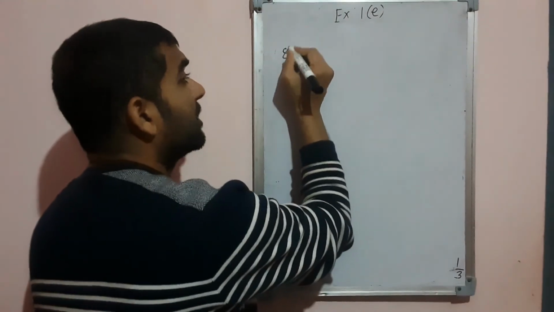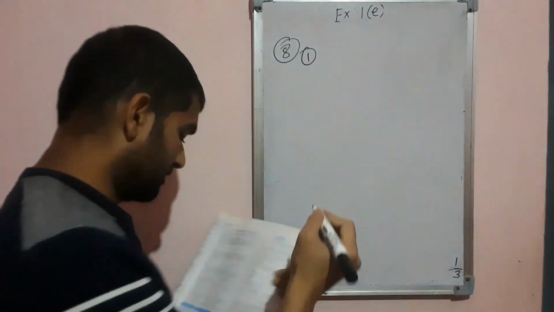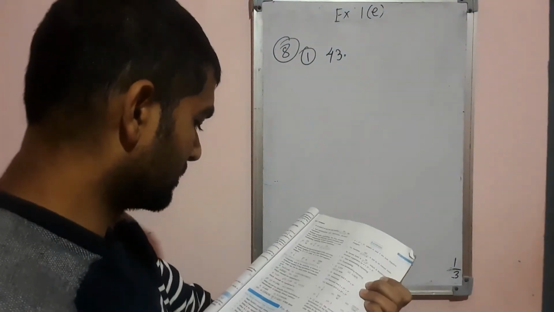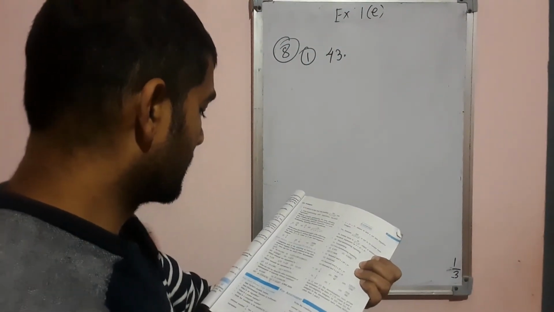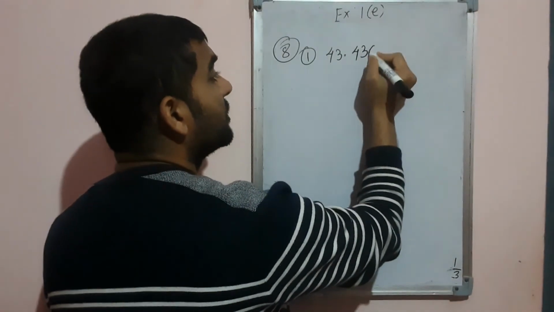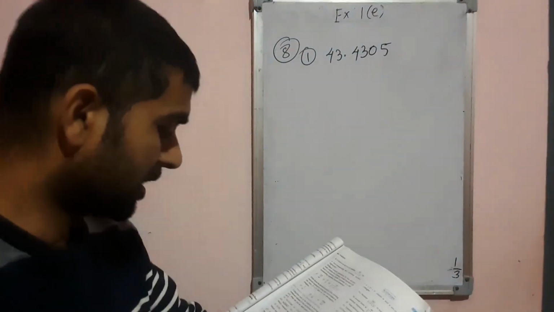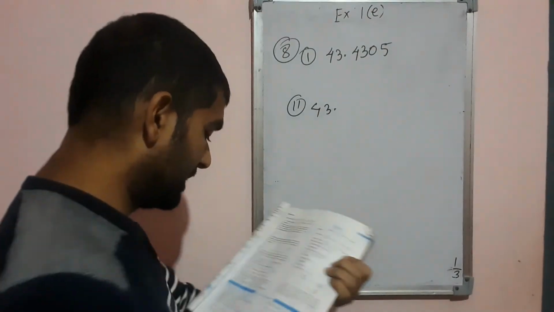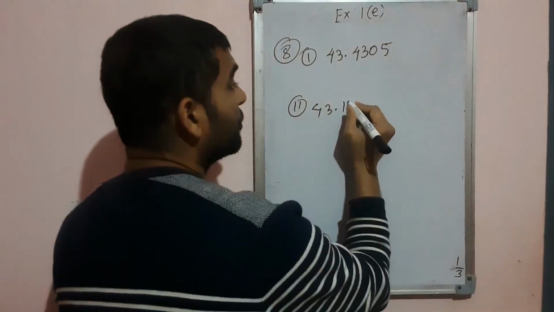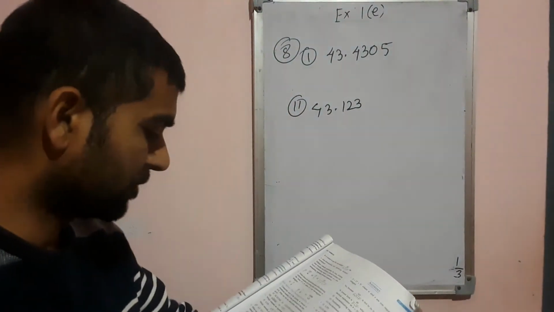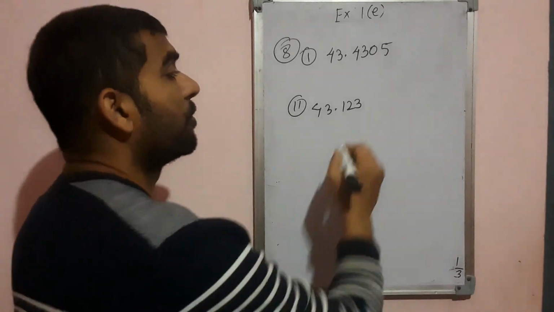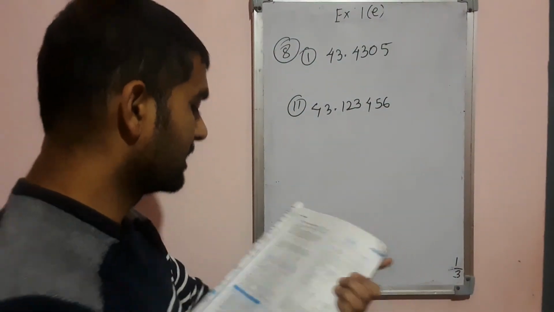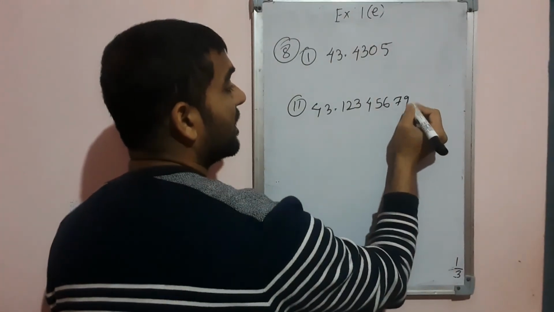Number 8. Number 1, 43.4305. Okay, we have here number 2, 43.123456789.